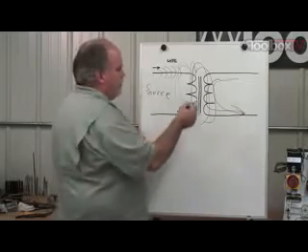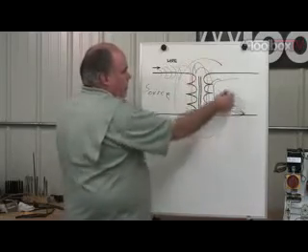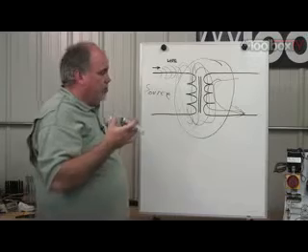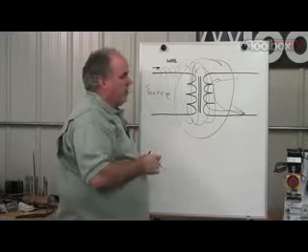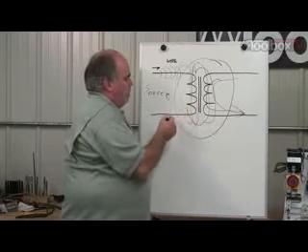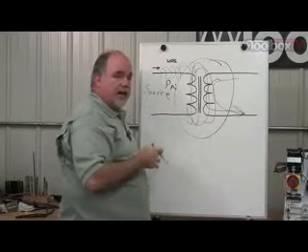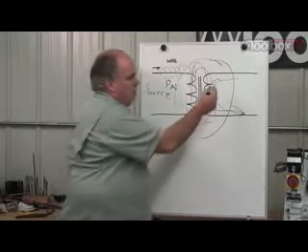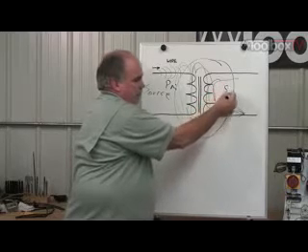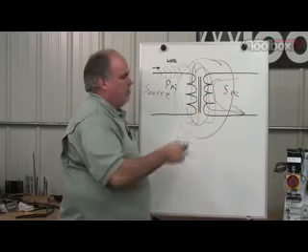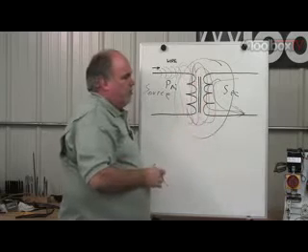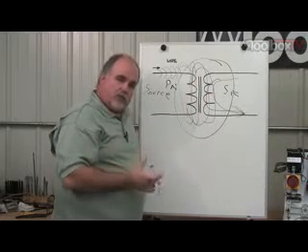Now, that's a transformer. This right here is a transformer. That's the symbol that is used in electrical drawings for a transformer. This would be known as the primary. This is the primary side. That's the side connected to the source. This is known as the secondary. That's the side that you can use a transformer to do things like change the voltage.